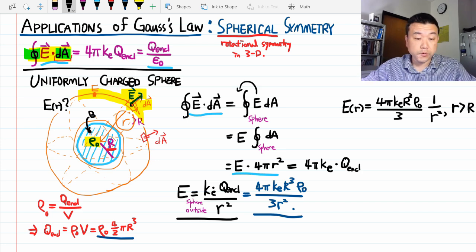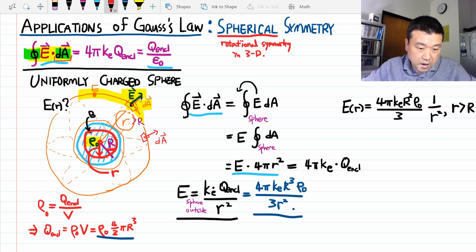And the steps we go through are remarkably similar to what we just went through. So the first thing we do is define the Gaussian surface that contains that point and honors the symmetry of the system. So that's going to be another sphere. Sphere of radius r. This time, this radius is less than the radius of the charged sphere.